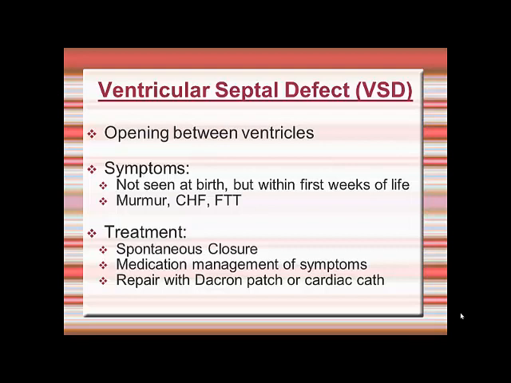Medications are used: digoxin, ACE inhibitors. You're checking the nutritional status of these children. They may require an NG tube for tube feedings, or gastrostomy tube feedings, because they're not able to take in enough to support their need for growth.